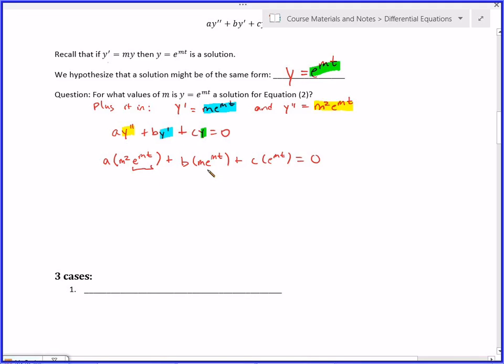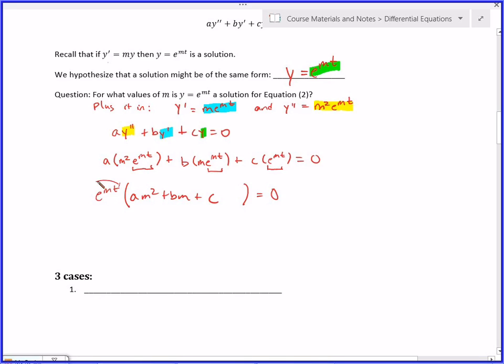Now I'm going to pull e to the mt out of all of these. And what are you left with? am squared plus bm plus c. And to solve an equation where two things are multiplied together to equal 0, you set each one equal to 0, right?